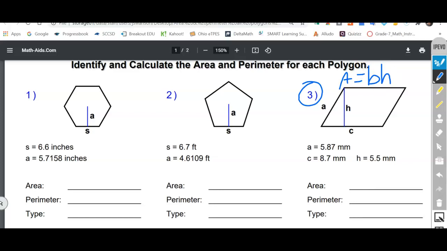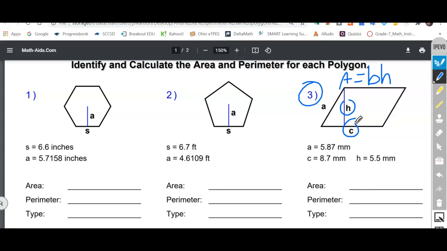Remember, we use half on a triangle because triangles are half parallelograms. Okay, so base times height. Our base and our height still have to have that perpendicular relationship. So which two measurements are perpendicular on number 3? H and C on this one.